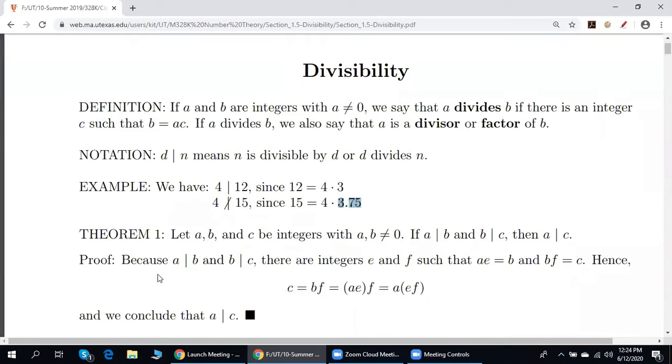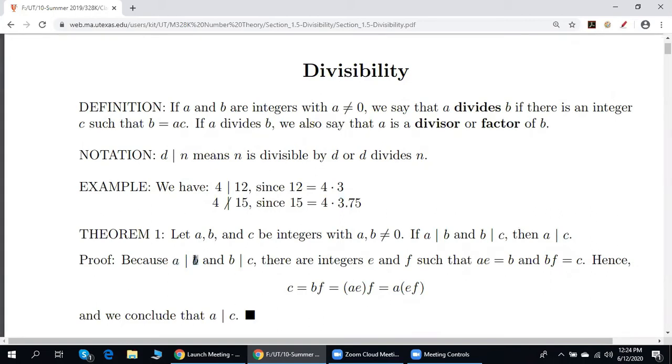Theorem 1. Let A, B, and C be integers, and A, B are not equal to 0. If A divides B and B divides C, then A divides C. It's exactly what is written here. How do we prove it?